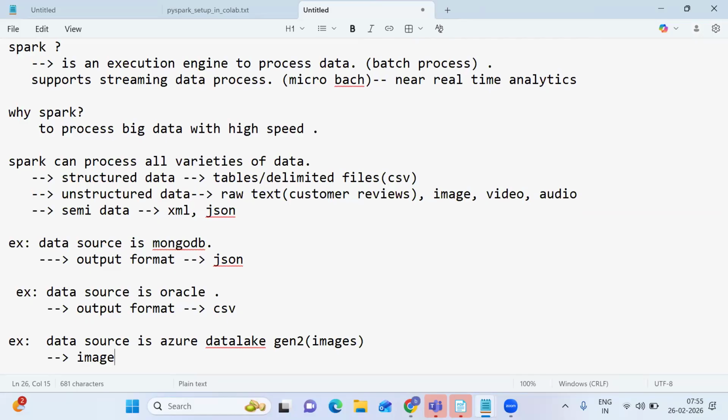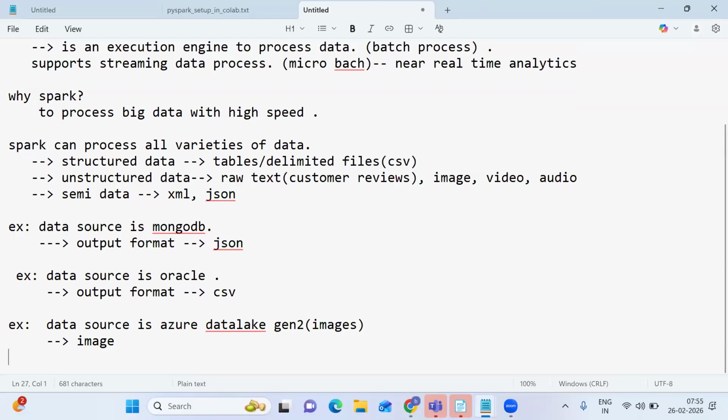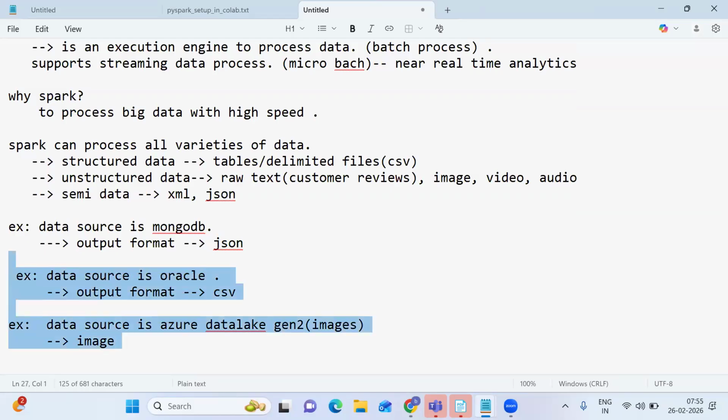Image is purely unstructured. So Spark has no limitations about the data variety, PNG, whatever it may be. For us, that is a JPG file, a picture. But internally, that is a 0 to 255 pixel matrix. Understand? Like that.